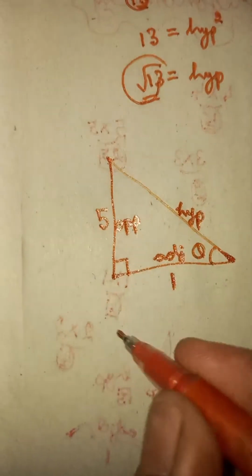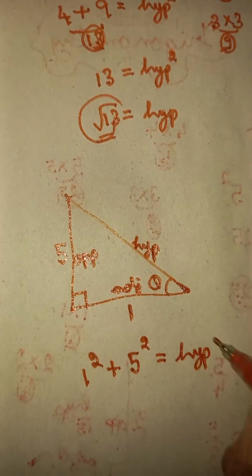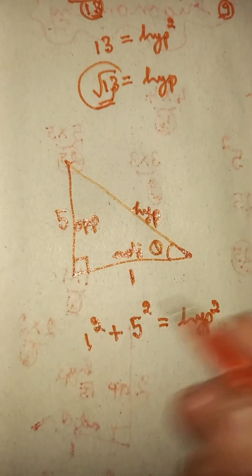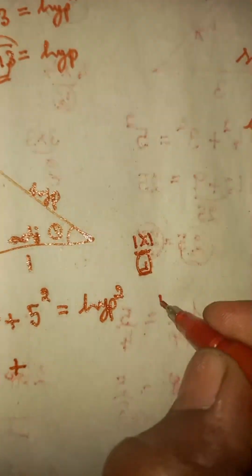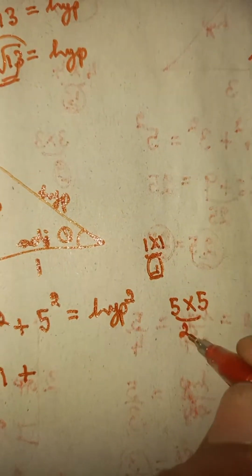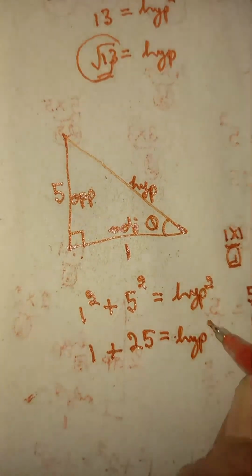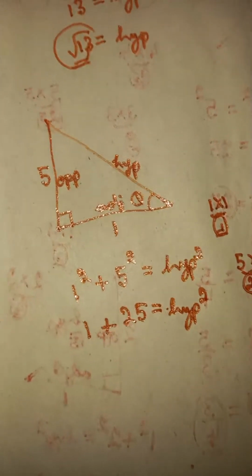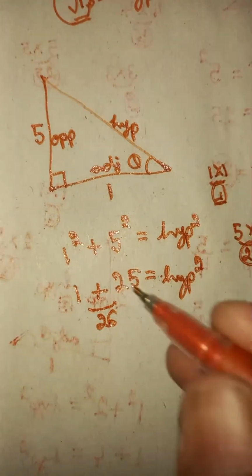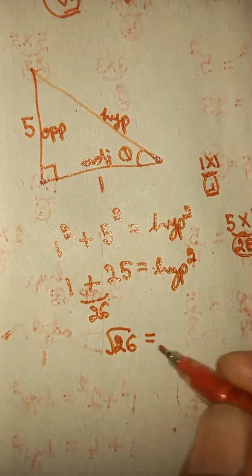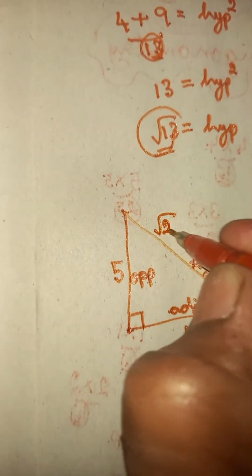Let's find the hypotenuse: 1 square plus 5 square equals hypotenuse square. 1 square is 1 times 1, which remains 1, and 5 square is 5 times 5, which becomes 25. So 1 plus 25 equals hypotenuse square. 1 plus 25 is 26, and the square moves to that side, so it becomes root 26 equal to the hypotenuse. So the hypotenuse is root of 26.